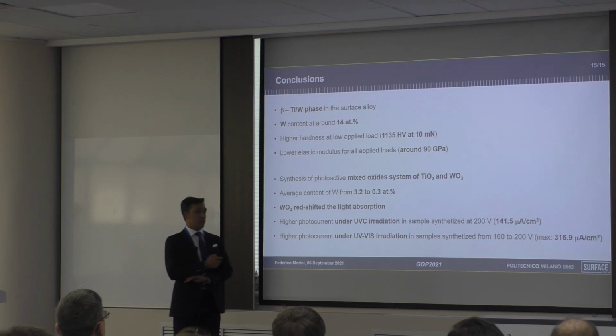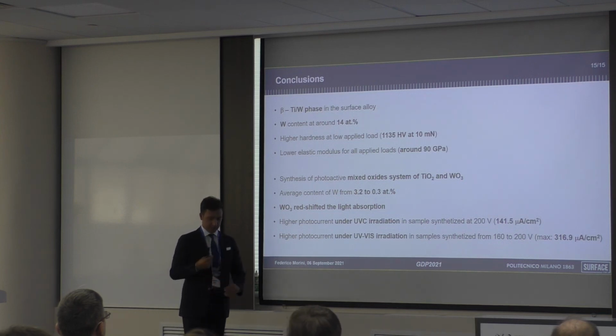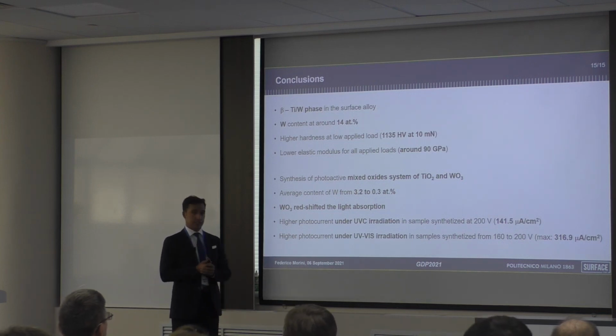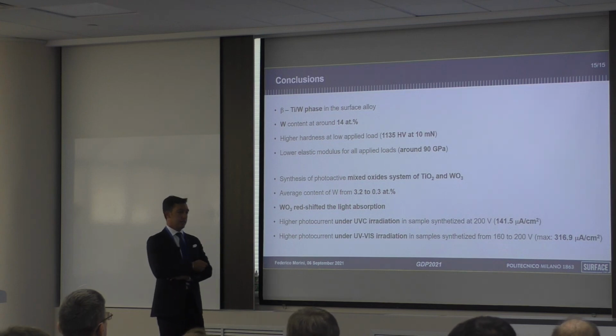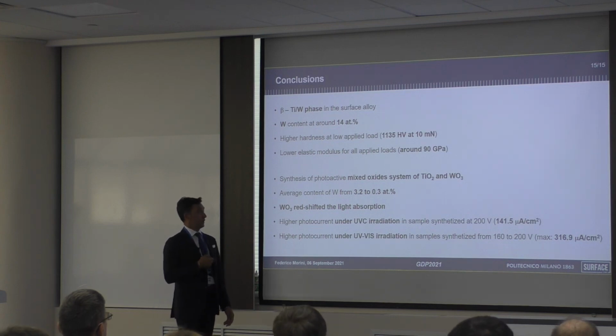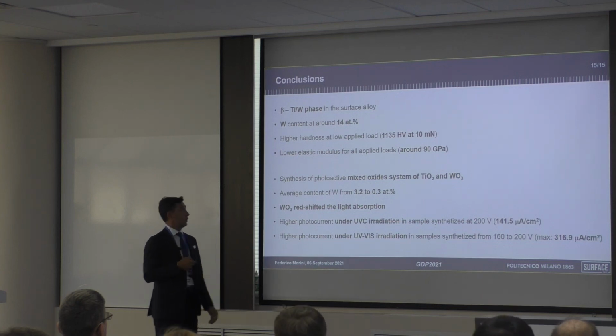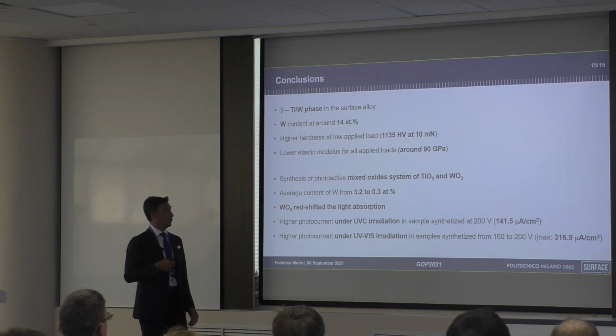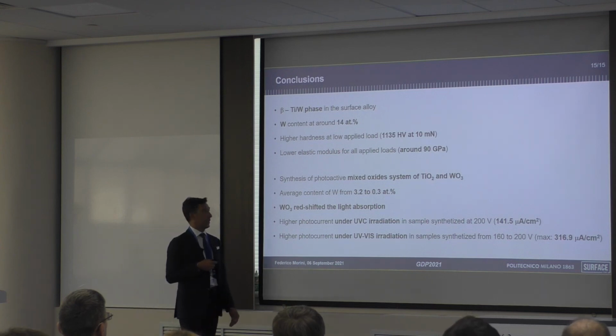These alloys show a greatly increased microhardness at low applied loads, reaching 1135 HV, and also a low elastic modulus for all the applied loads, with a value of around 90 gigapascal.